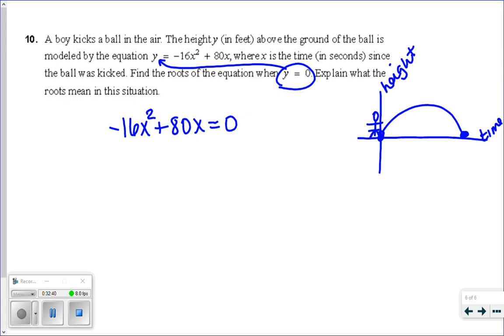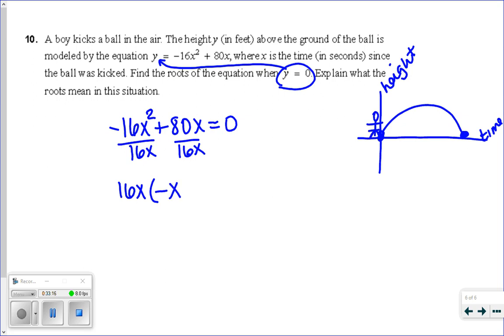So we'll look for a GCF here and factor it out. I'm thinking 16 goes into itself, and I know it also goes into 80, and the lowest exponent is your GCF. If I have just one x in that second term, that is the most I can factor. So 16x comes out, and when we divide by 16x here and 16x here, that leaves me with negative 1 and then an x.